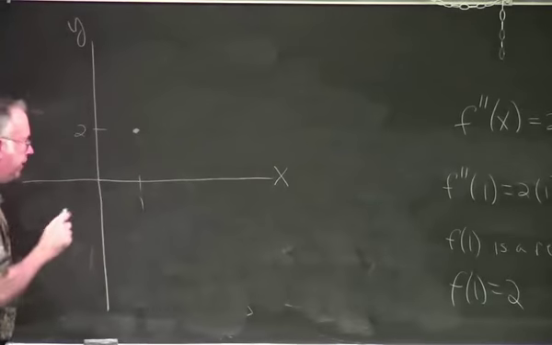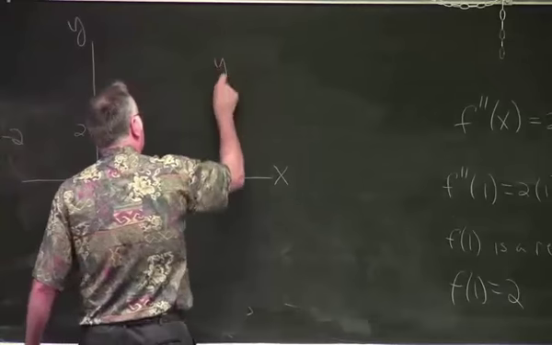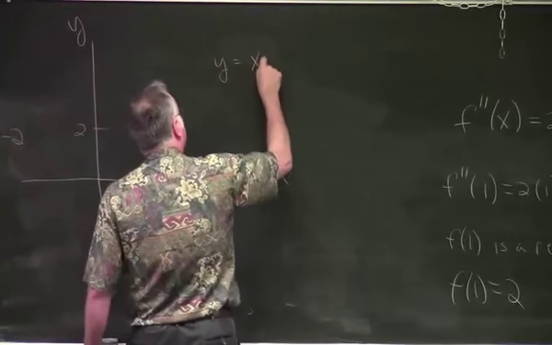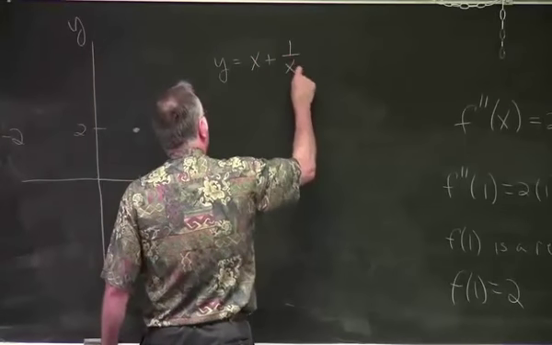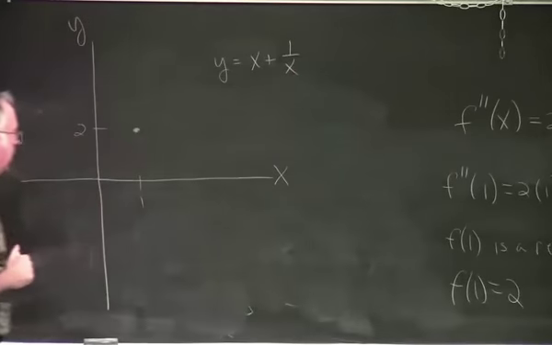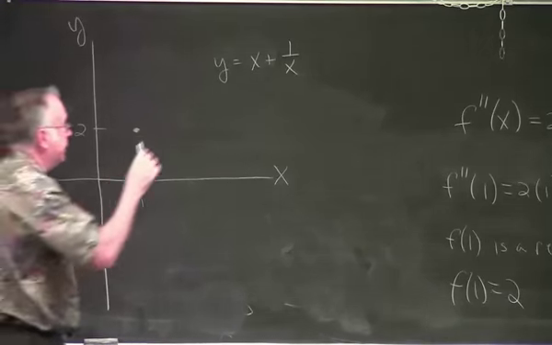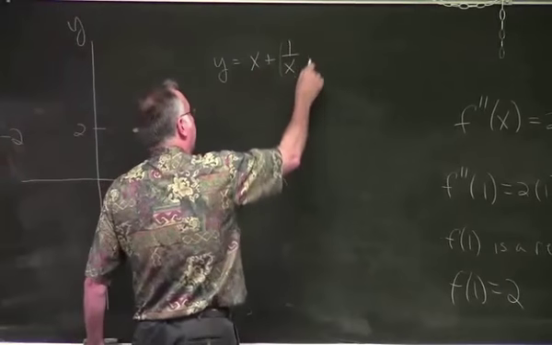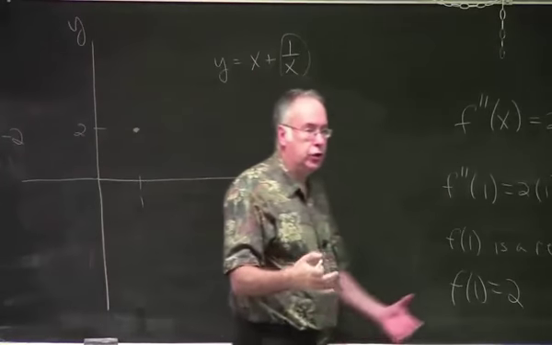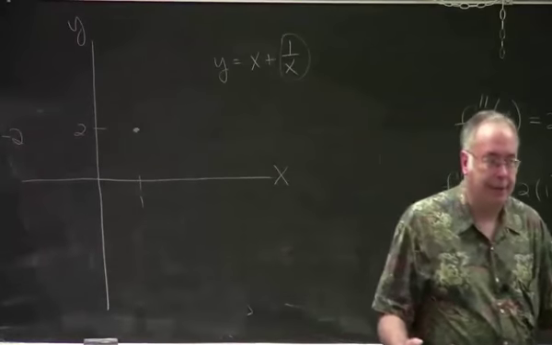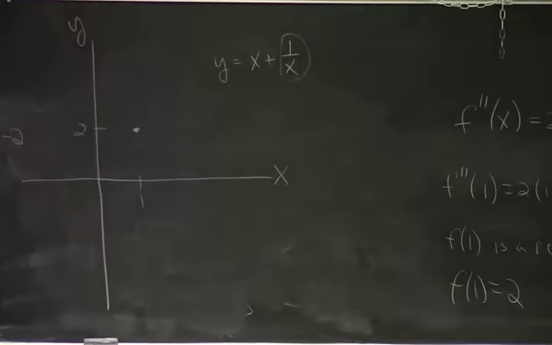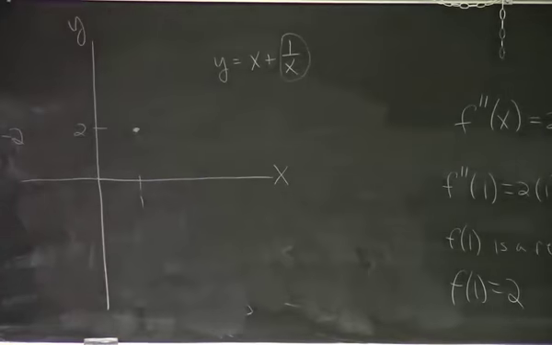Now, what happens as x approaches 0, but x is still positive? What happens to this term as x goes to 0? The x gets smaller and smaller, so what happens to 1 over x?